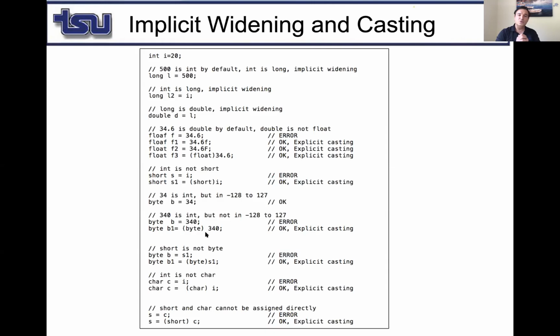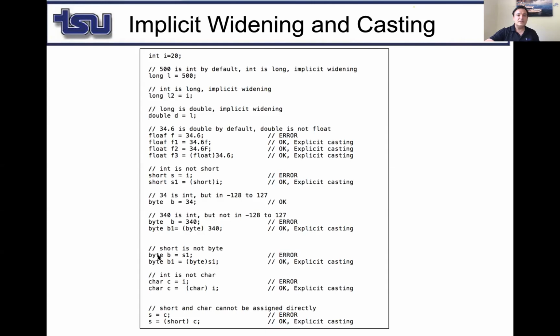I want you to consider 340 as a byte. But of course, since it is not in the range of byte, it will use an algorithm behind the scenes, and it will convert 340 to a number between negative 128 and positive 127. You may not like it, so you have to be careful here.